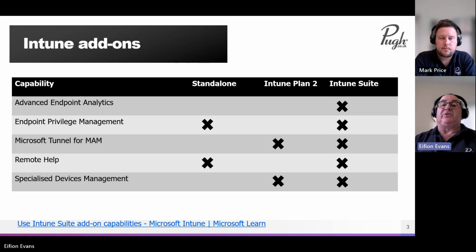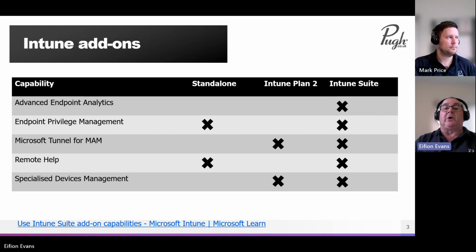But this time, those devices don't need to be enrolled within Intune. So this is very useful for BYOD scenarios, or bring your own device, where you do not want the IT department to have control over personal devices.